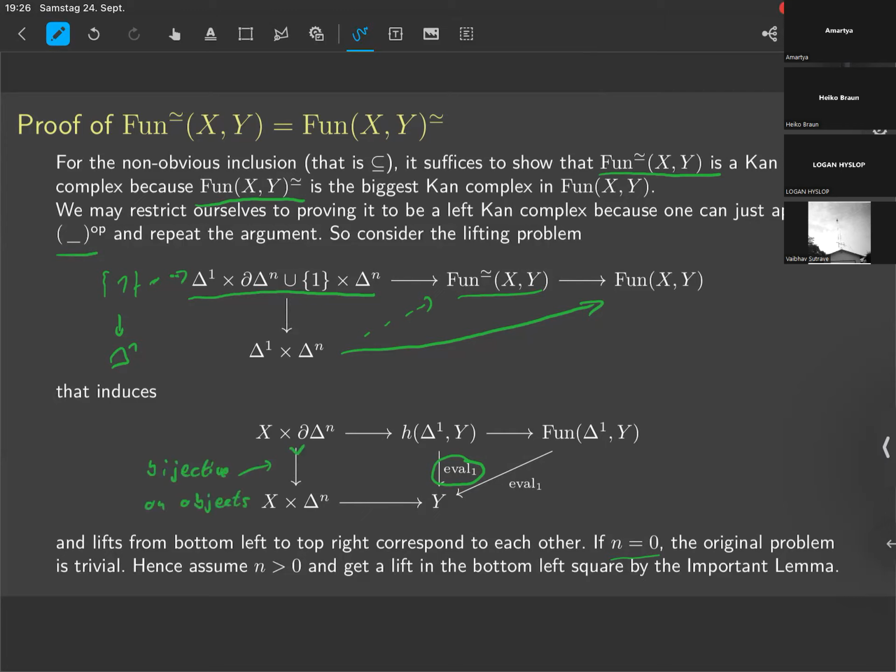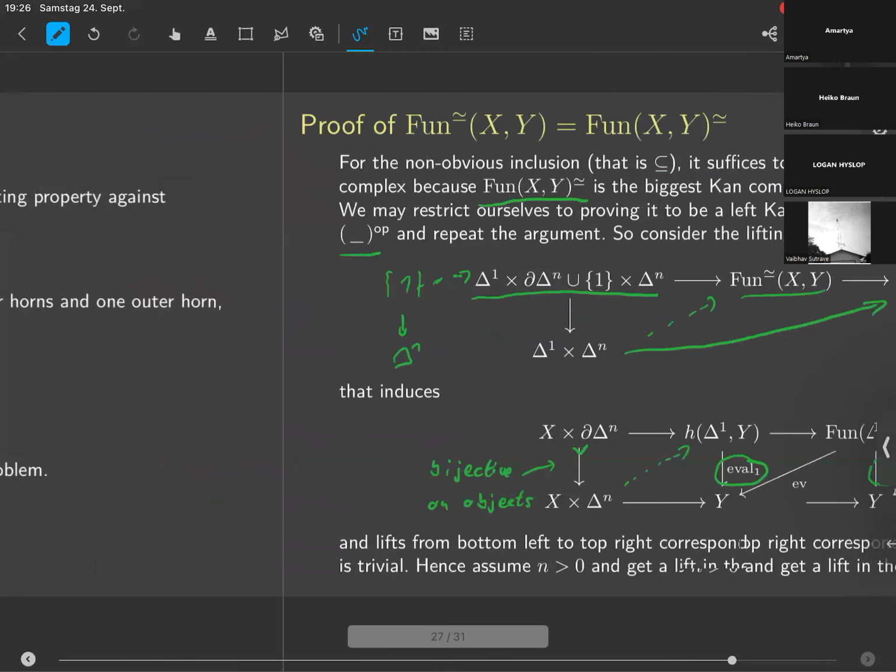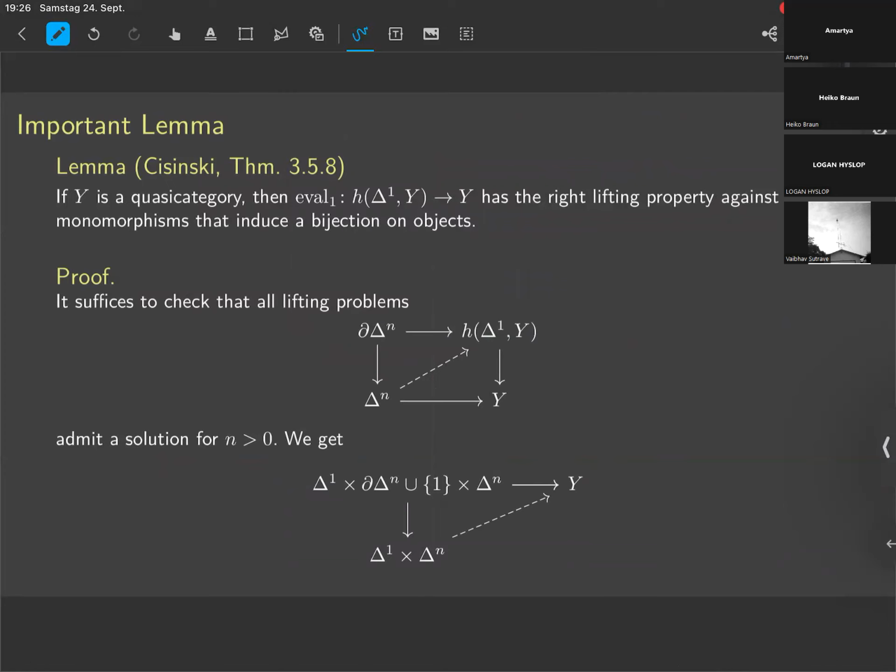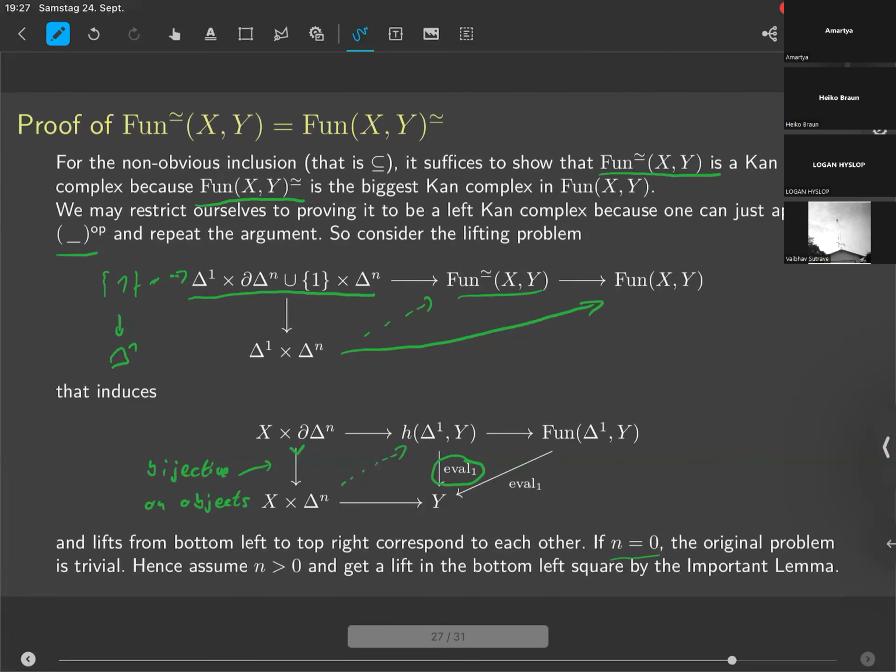This is because n is bigger than 0. Otherwise the boundary of delta 0 would be empty, but now it contains all the objects. So this is bijective there. And in this case we actually get a map, which is the content of the important lemma that I skipped: evaluation at 1 of this map has the right lifting property against monomorphisms that are bijections on objects. But we skip this first, maybe we have time later.